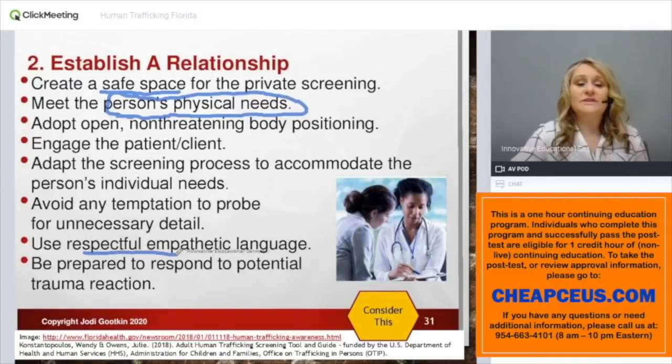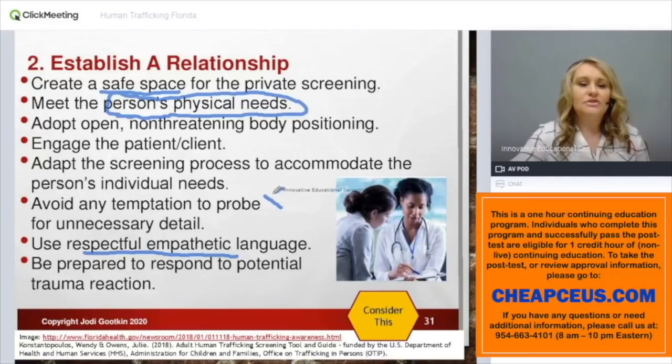We're going to be very respectful, empathetic, non-judgmental, because they may be feeling uncomfortable about what brought them there and their circumstances. So we don't want to contribute to any potential negative feelings that they may have. We want to develop trust, rapport, comfort, and really make that individual feel safe. We are not investigators.